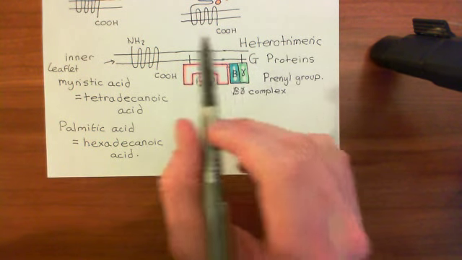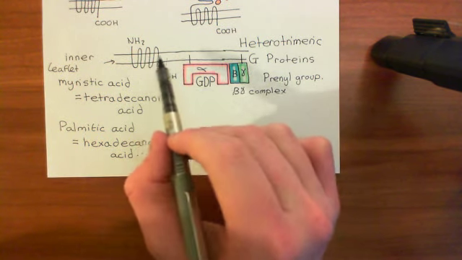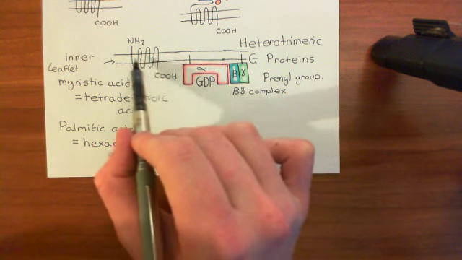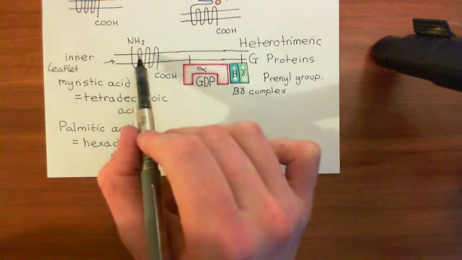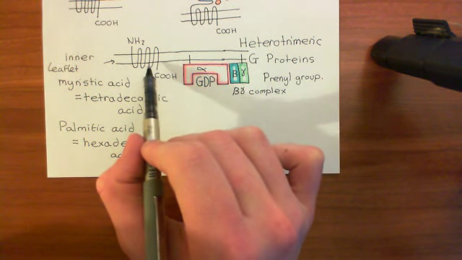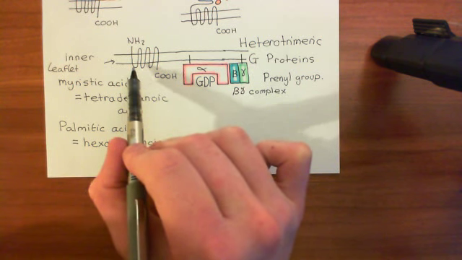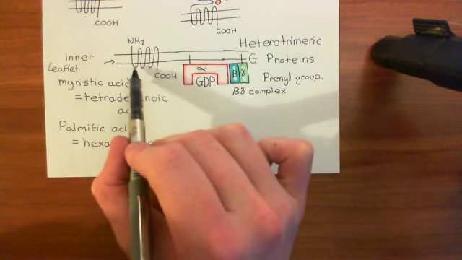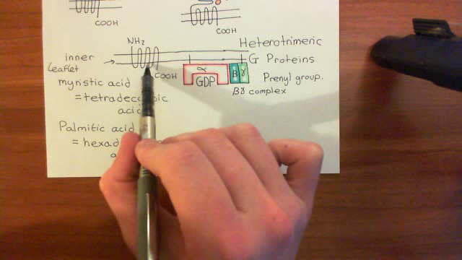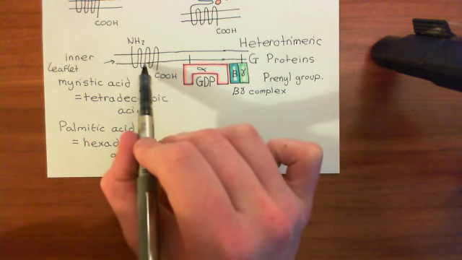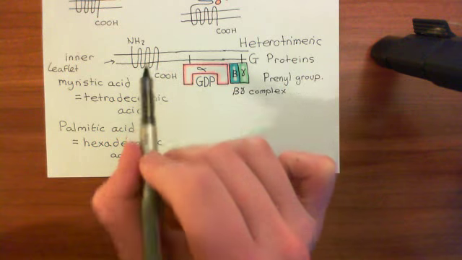Now, when the G protein coupled receptor over here gets its ligand bound to it, the receptor will change conformation. This change in conformation will be transferred down to these three intracellular loops here. This is intracellular loop 1, this is intracellular loop 2, and this is intracellular loop 3.